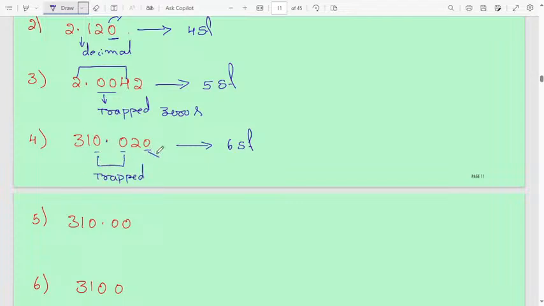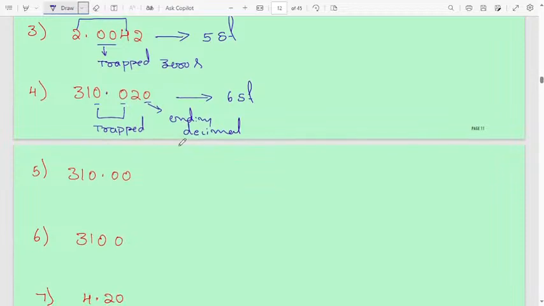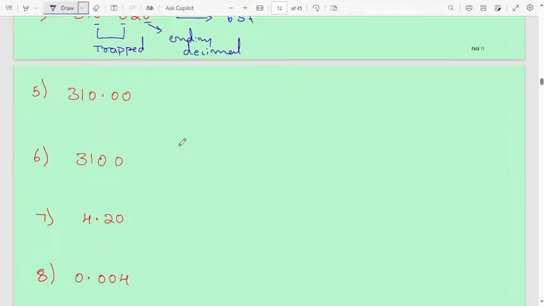Then this one is ending 0 after decimal, yes, this also is significant. Then 1 2 3 4 5 6, 6 significant figures. Then fifth one, this is after the decimal, ending 0, 1 2 3 4 5, this also you are having 5 significant figures.